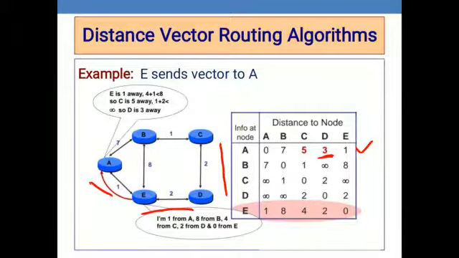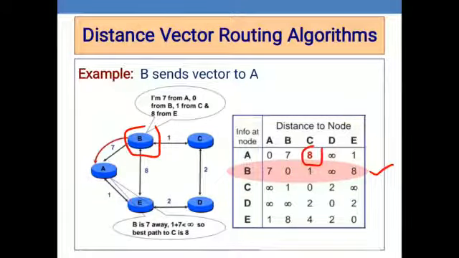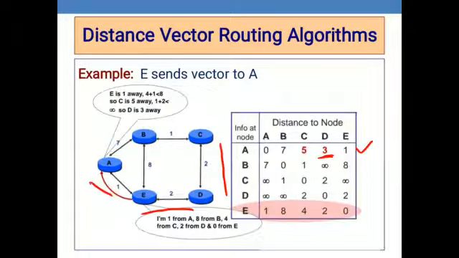But in the previous case, through B, the cost value is 8. So it is compared with the other path distance, 8 and 5, and 5 is the minimum value. That's why the values of C and D will be updated. Like this, we will find the other router values also.